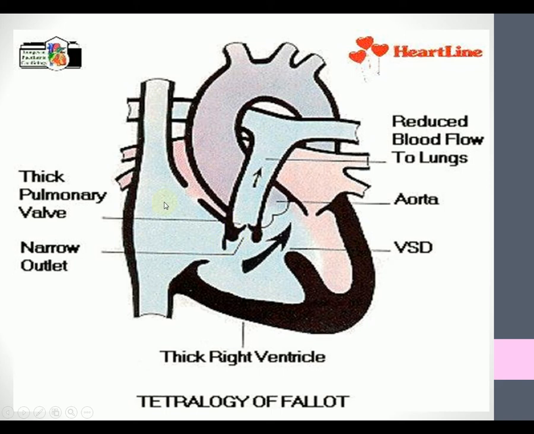So we are looking at a pressure gradient buildup here that's going to push the deoxygenated blood over into what oxygenated blood we do have, and it is definitely a big mix of oxygenated and deoxygenated blood.